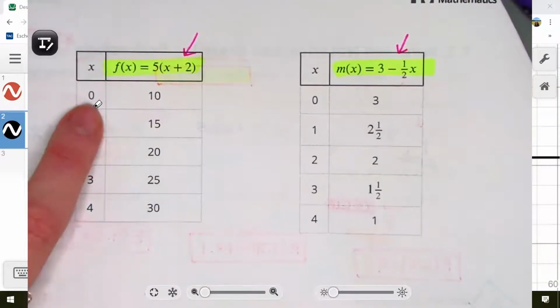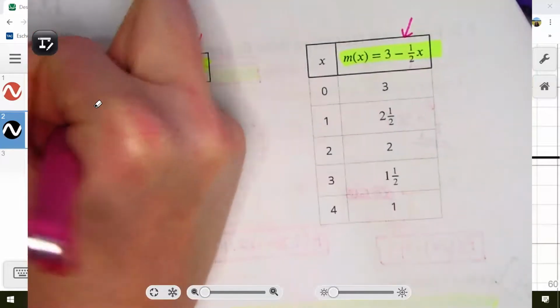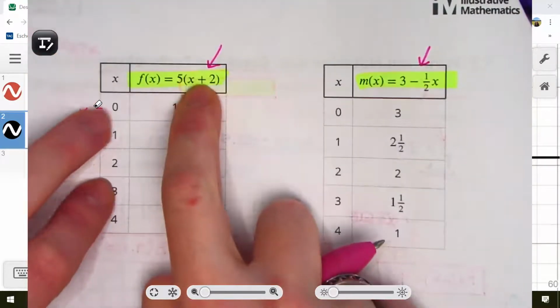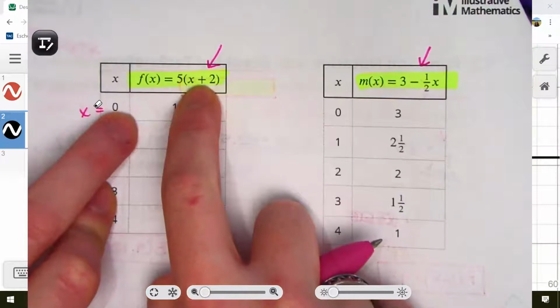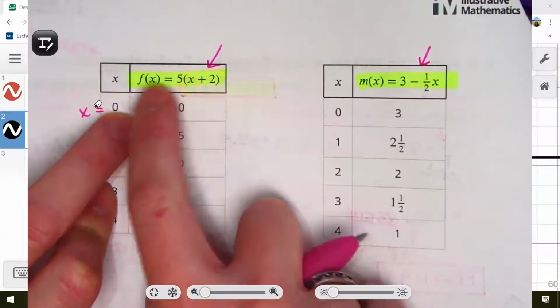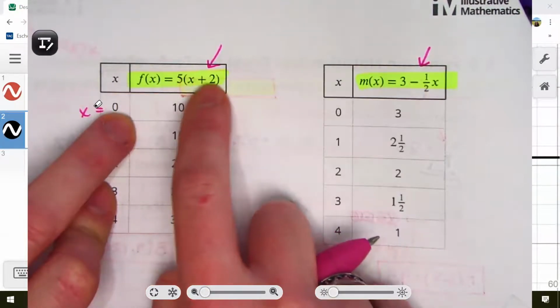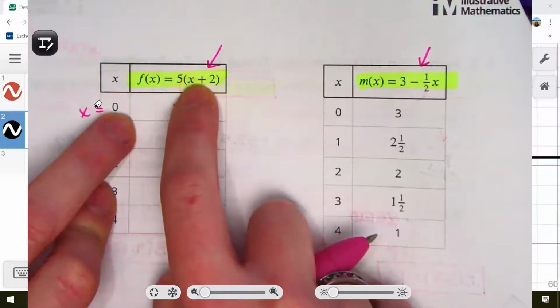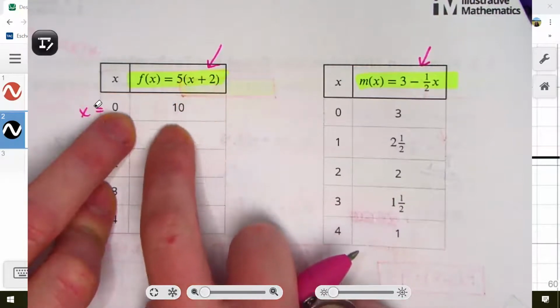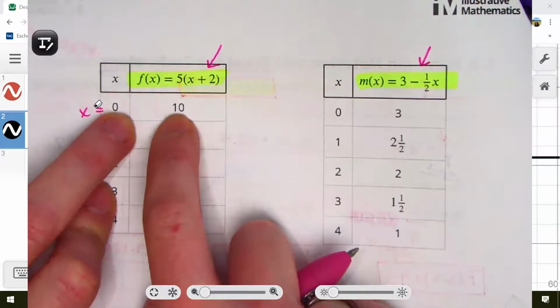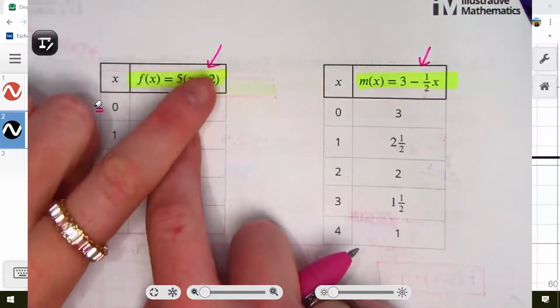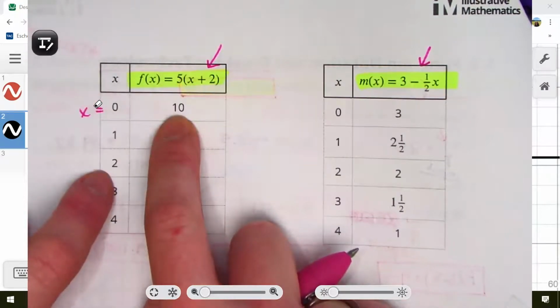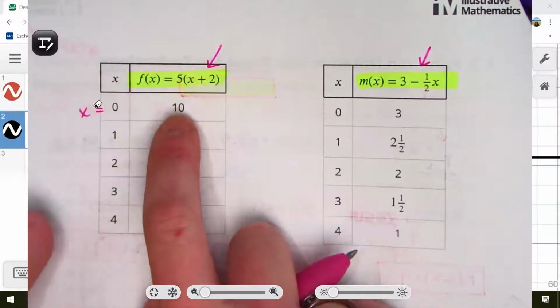If I knew that x equaled 0 and I had this equation, what would I do with that 0? I would plug it into the input and all throughout my equation, and what would it produce? It would produce the output. Let's try it. What's 0 plus 2? 2. What's 2 times 5? 10.